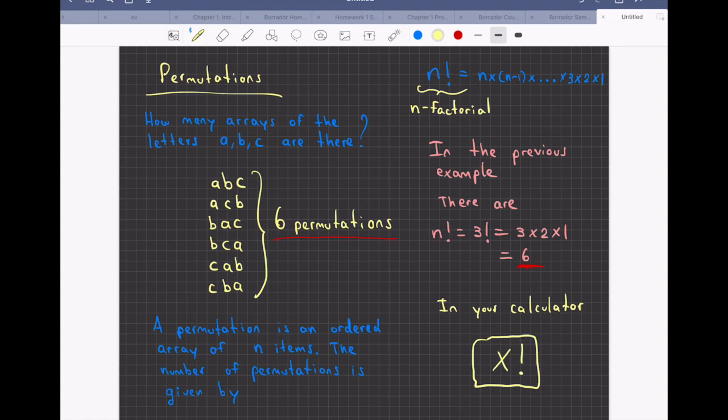This is the key to compute permutations without multiplying 3 times 2 times 1 or whatever. Usually you only have to press the number of items and then this key, and you will have the answer.